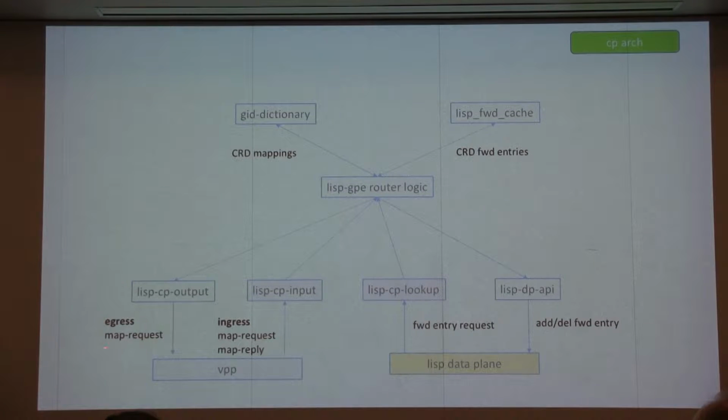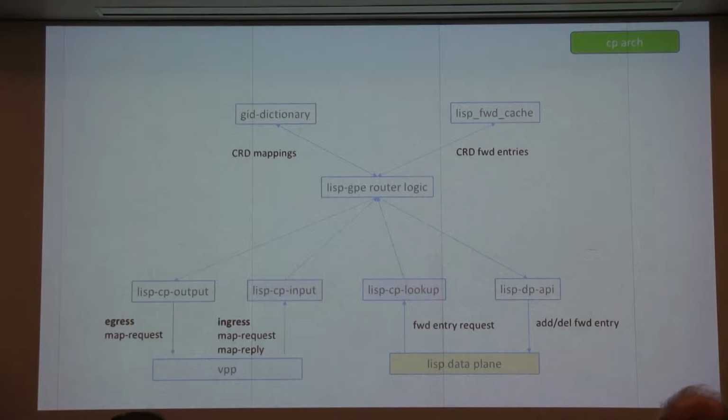After, let's imagine now this works well. So we get to the mapping system, and the mapping system replies to us with this information. So we will get on the ingress part, and this is a node in VPP, LISP CP input, we get the map reply, or maybe we even can get the map request, but we get the map reply in this case, and the logic will take care of first storing it within our cache.